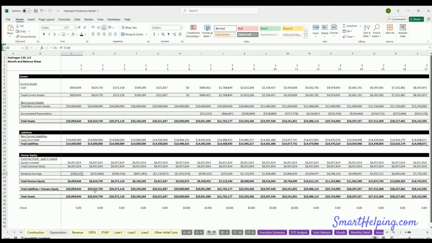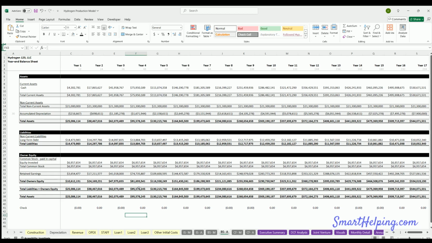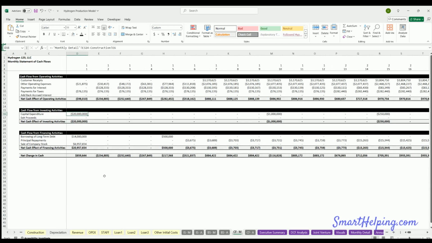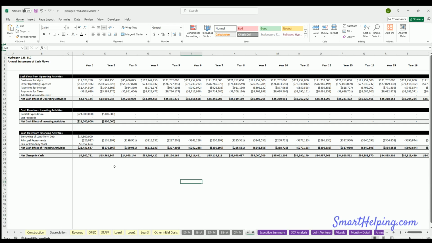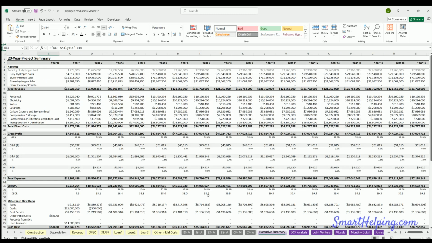Our assets always equal liabilities plus owner's equity, and there is our check for that. What's nice about this is you can adjust all these different assumptions, and these financial statements will change and always balance.